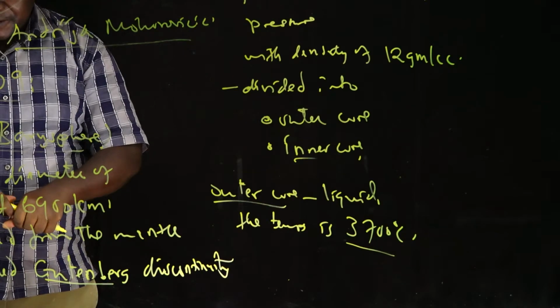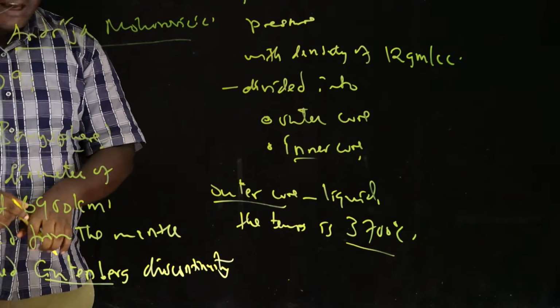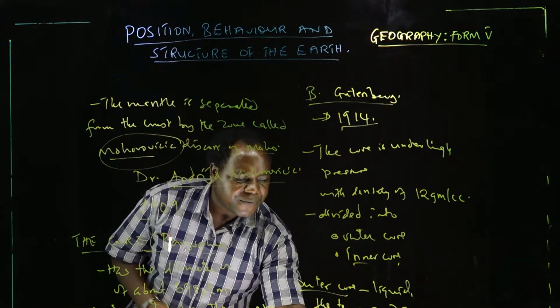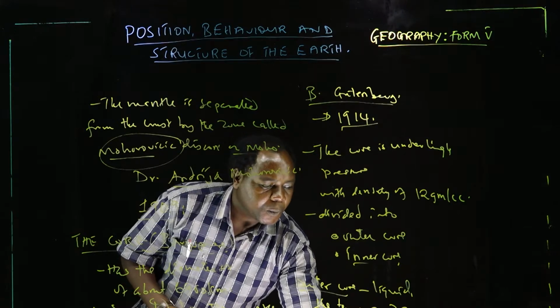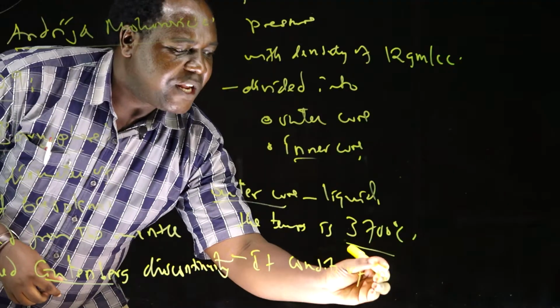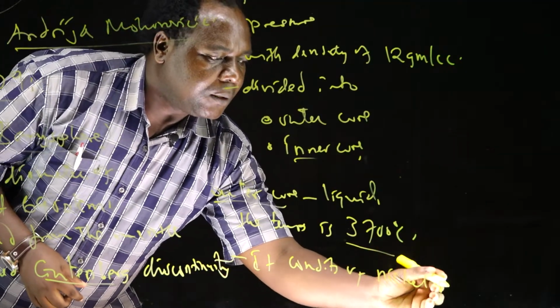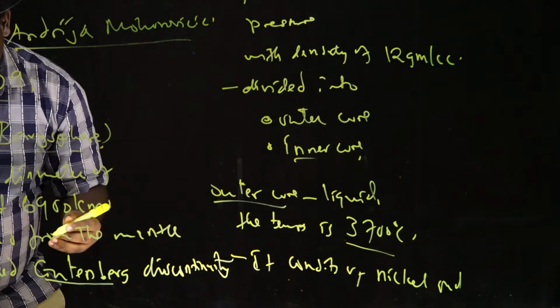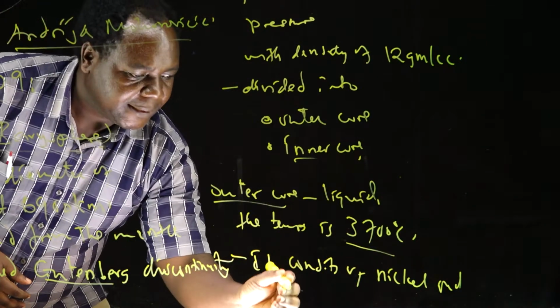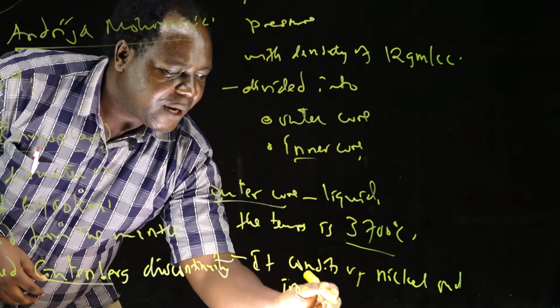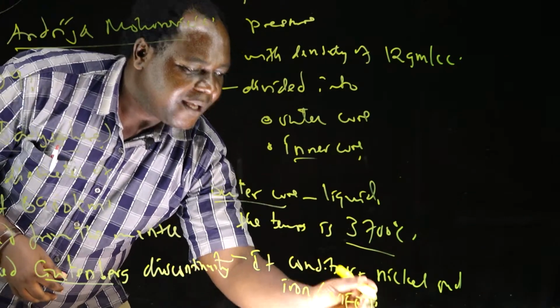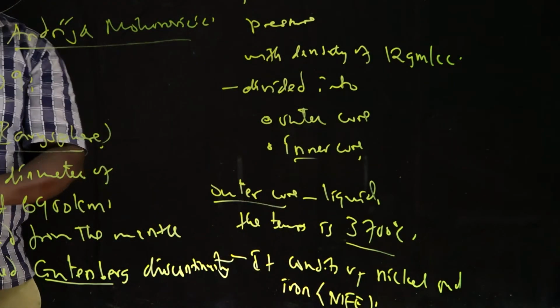It is very hot, and it consists of nickel and iron, briefly known as Nife. Therefore, these are the main components of the core.